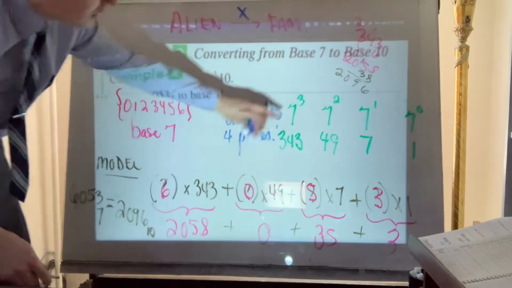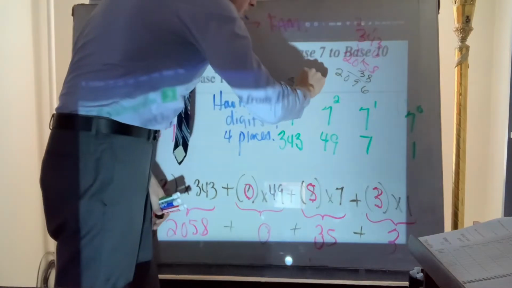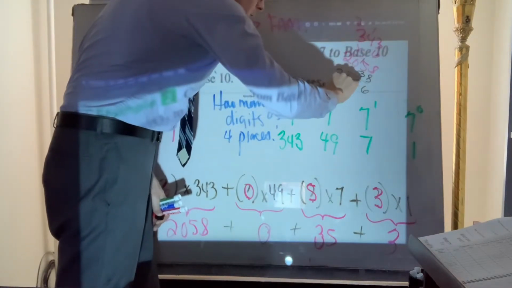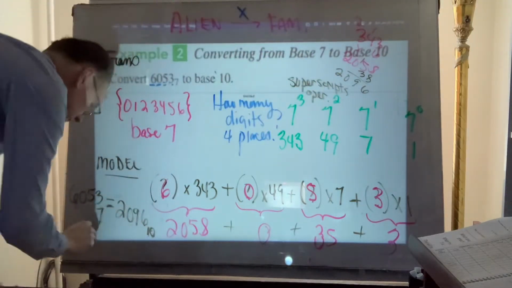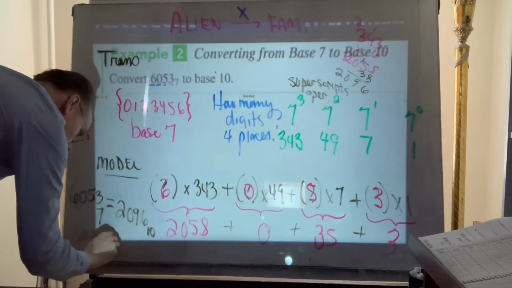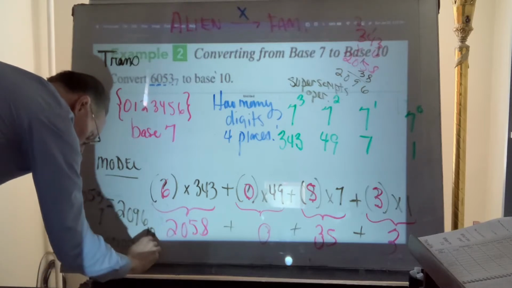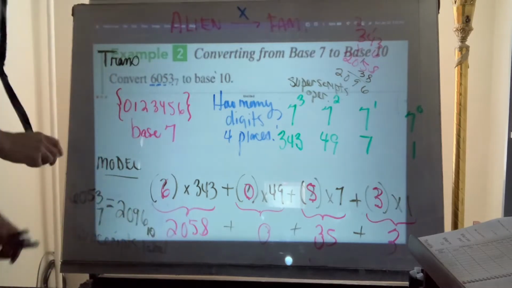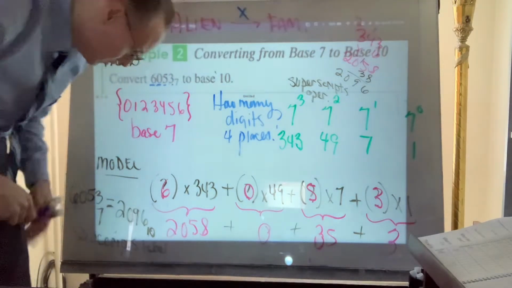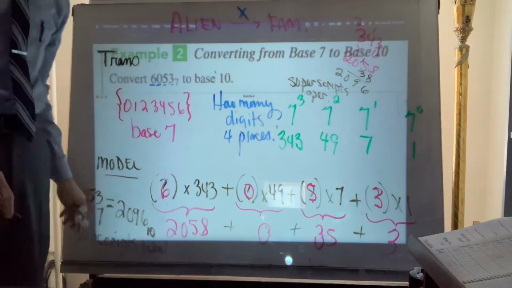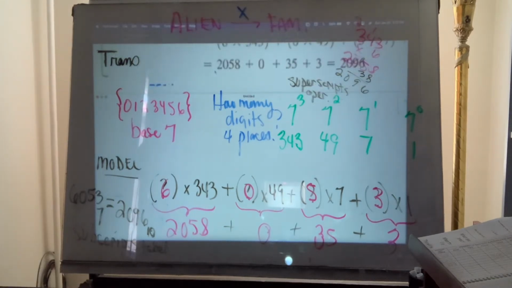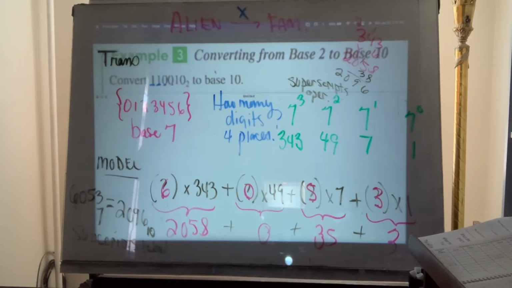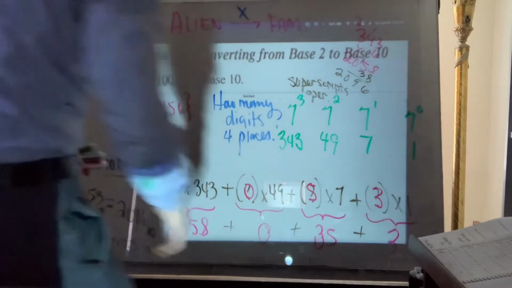Superscripts are an operation, right? Subscripts, which is what you see here, are more or less a label, something that makes it easier to distinguish what base system you're working with. All right. Let's see if I'm correct here. Yep, 2096. Okay. Now we're going to do base 2.